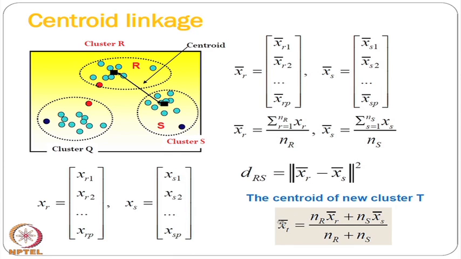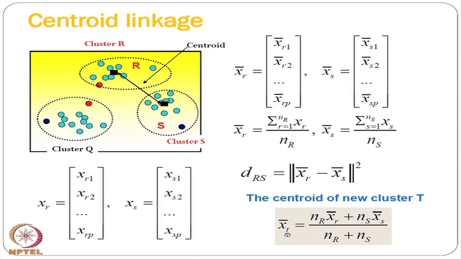Now, suppose we combine these two clusters R and S, this cluster versus this cluster, then one combined cluster will be created and this new cluster is T. What will be the centroid for this new cluster? The centroid for this new cluster will be the weighted centroid of the two clusters joined together.